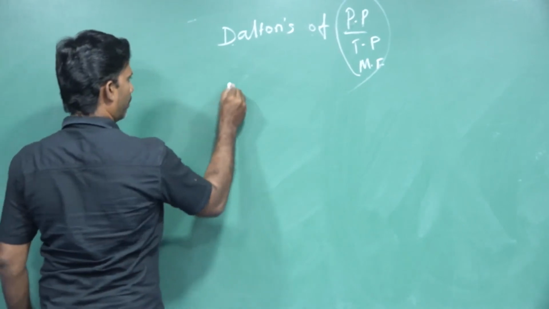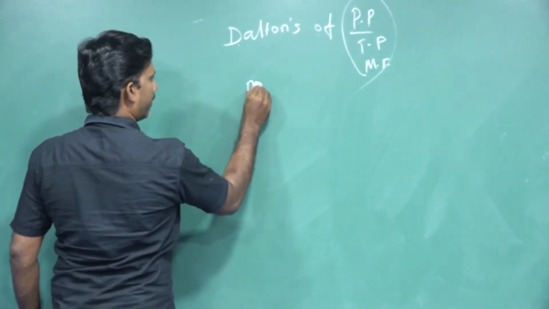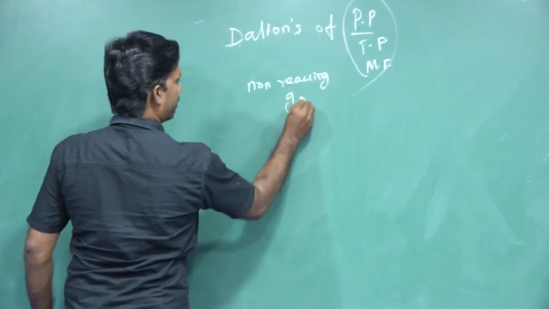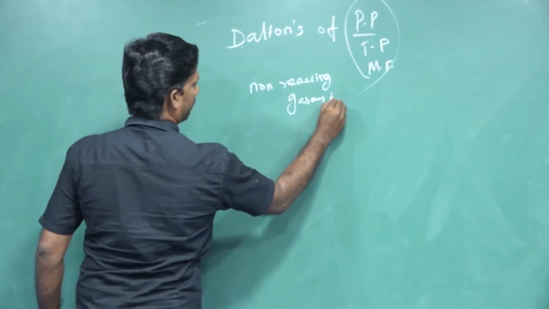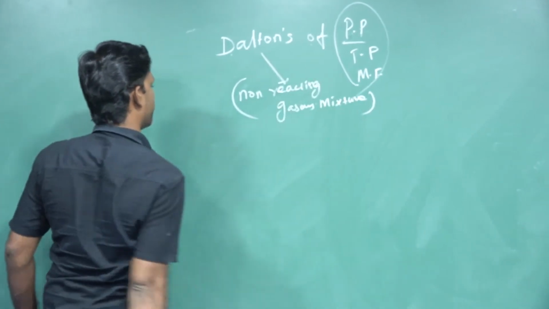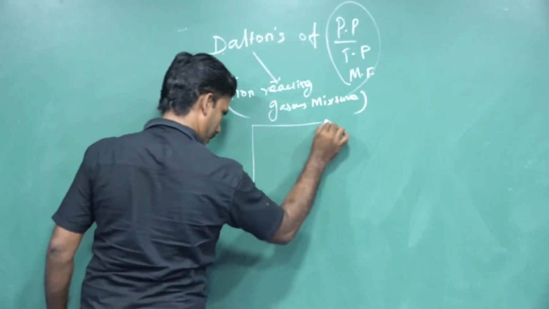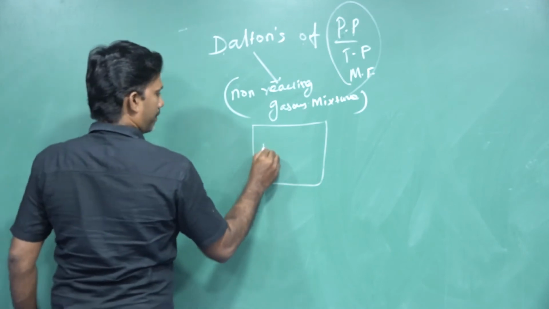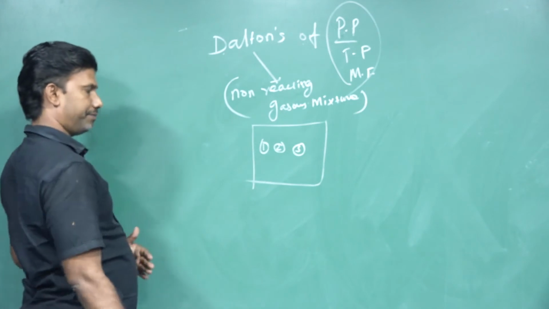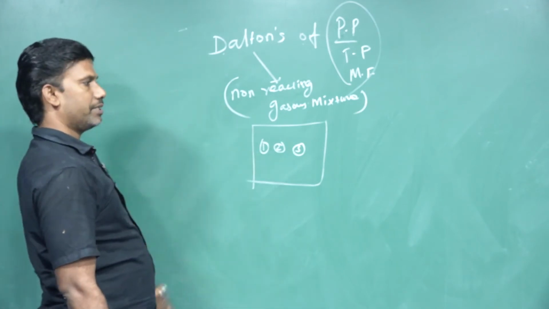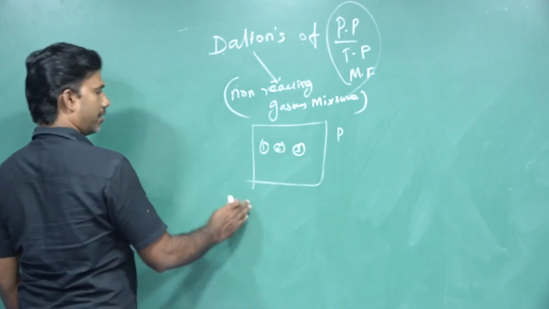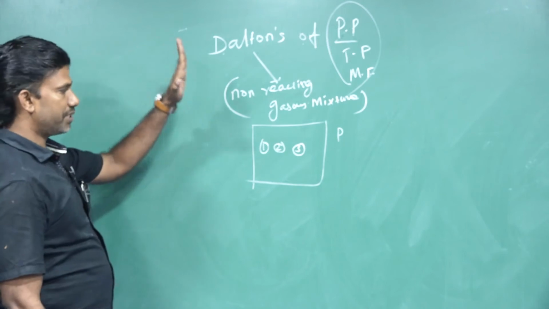Dalton's law of partial pressure. What is he saying? It is used for a non-reacting gaseous mixture. For example, if you take three gases, gas number 1, gas number 2, gas number 3, inside the container, and you want the total pressure of this container, simply you cannot say what the pressure of the container is.